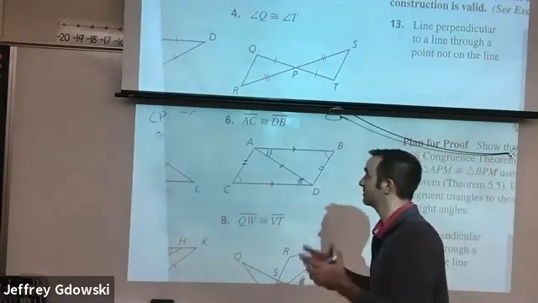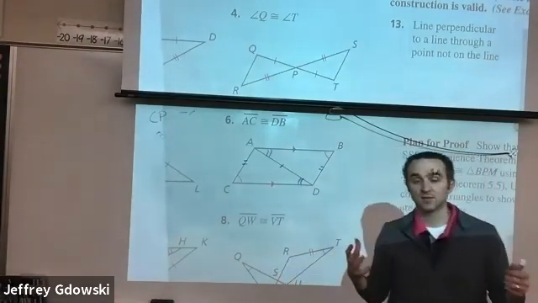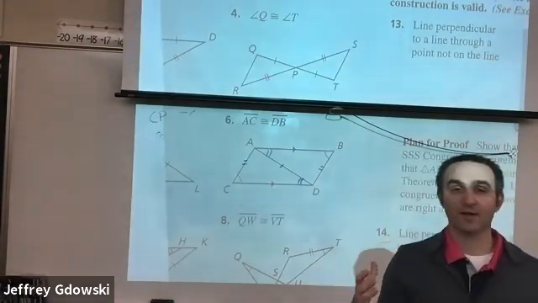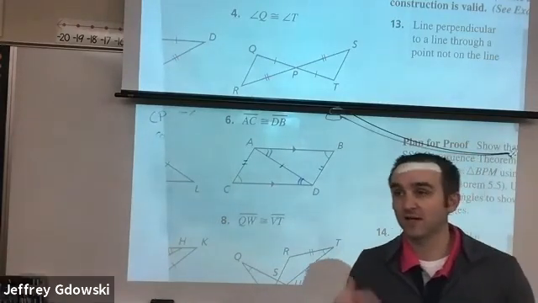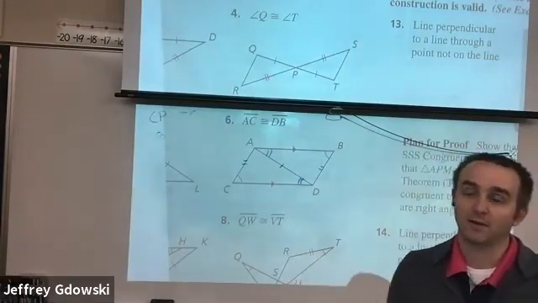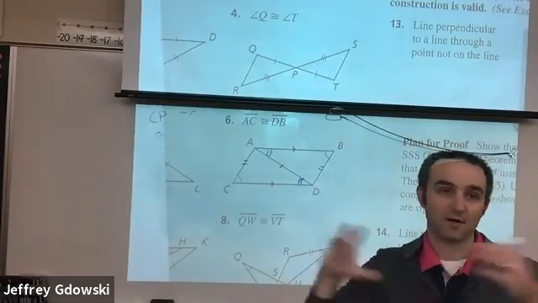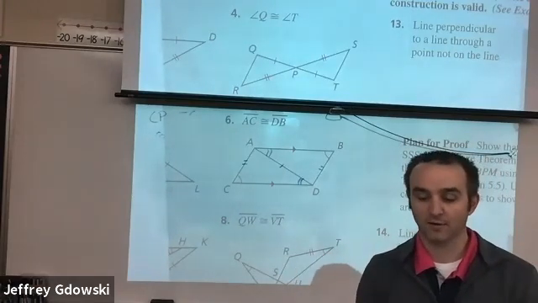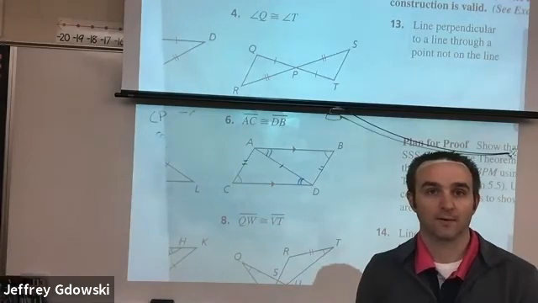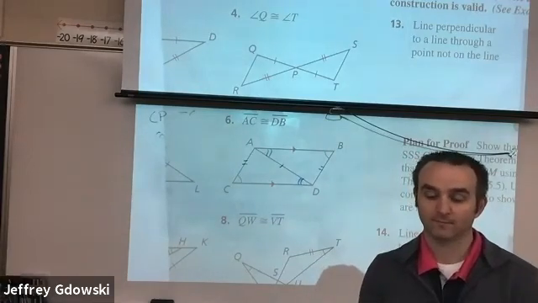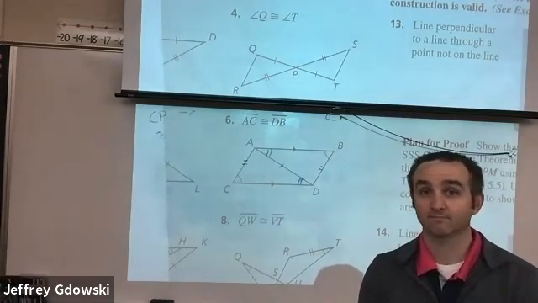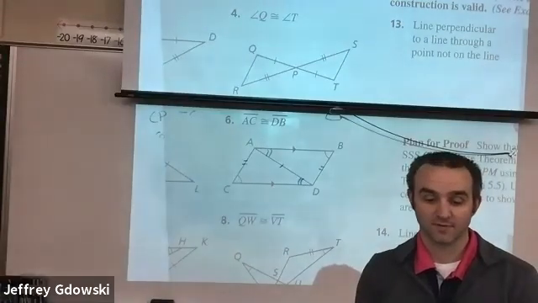Because really this is it, guys. This is a perfect lesson for a short day, because it's just taking it that one extra step and being able to say CPCTC, all those other pairs are congruent now. Okay. Any questions? Sounds like a no.